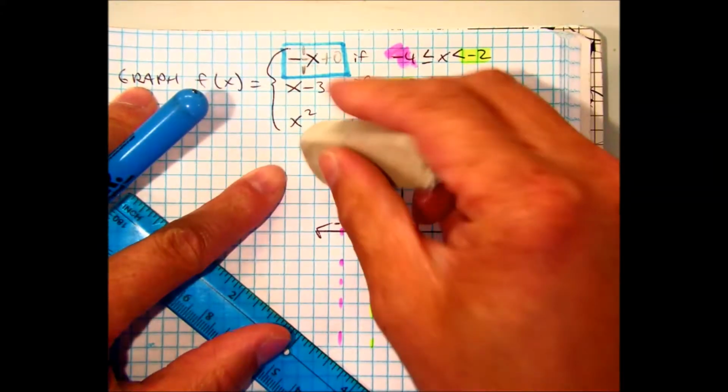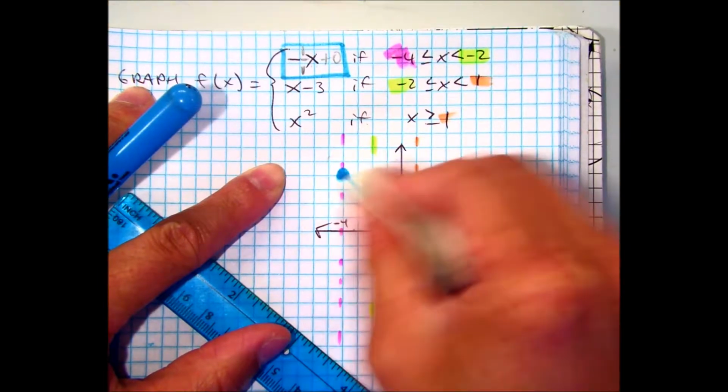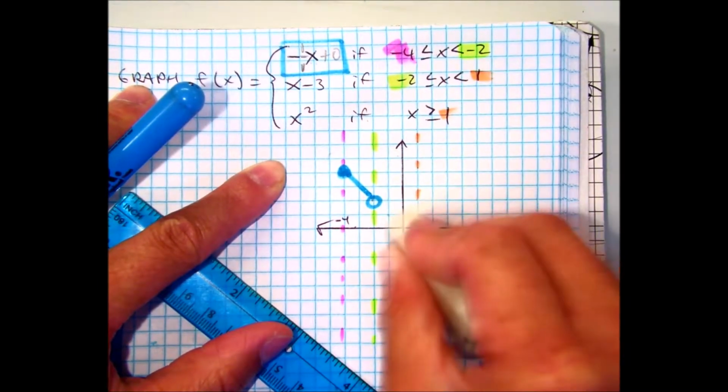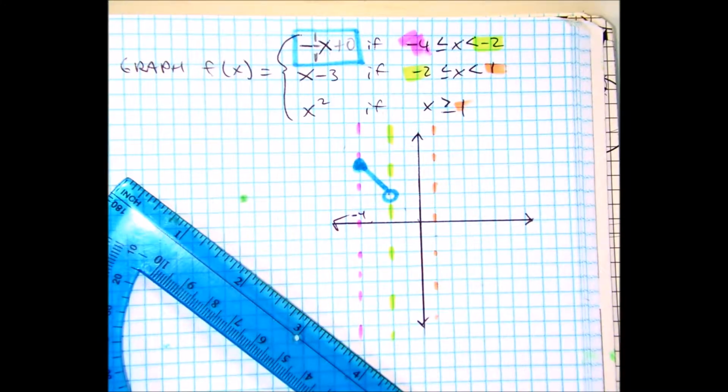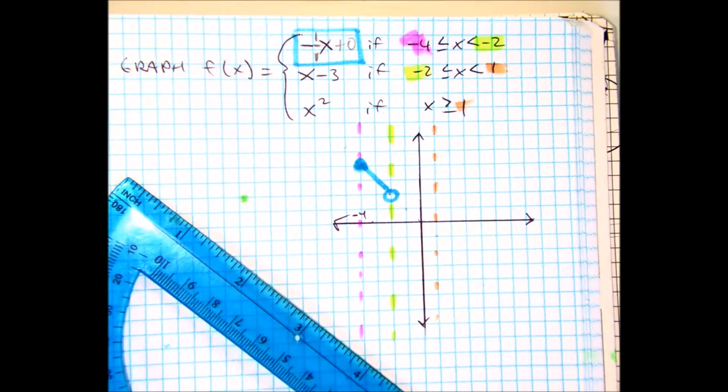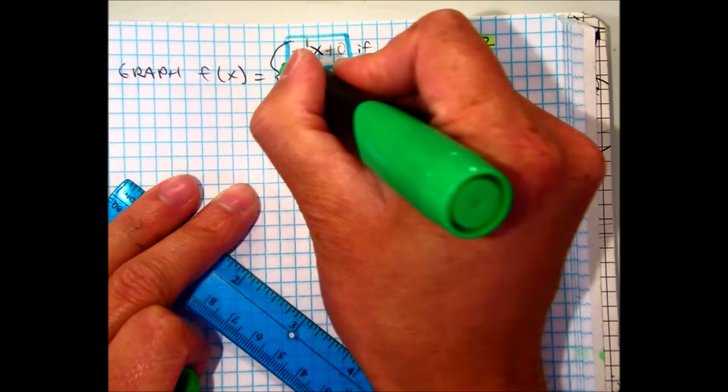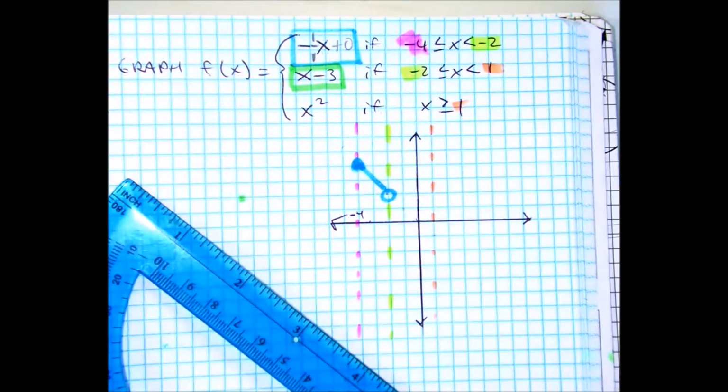And go ahead and go back and erase now. Let's do my next piece. My next piece says x - 3. I'm going to do the same thing.